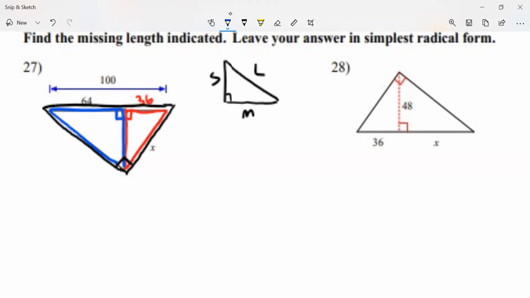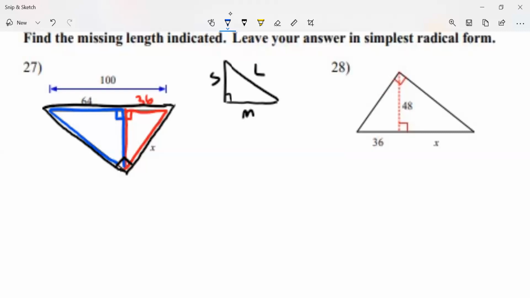I'm going to use the 2 triangles where I know 2 measurements of each. It is okay if one of the measurements is x, right? As long as I know 2 measurements of each triangle, those are the triangles I'm going to use.